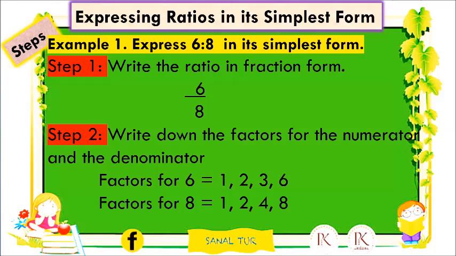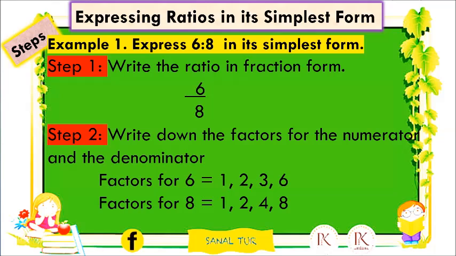For example, what are the factors of 6? We have 1, 2, 3, and 6. 6 times 1 will give you 6. 2 times 3 will give you 6. So these are the factors of 6.